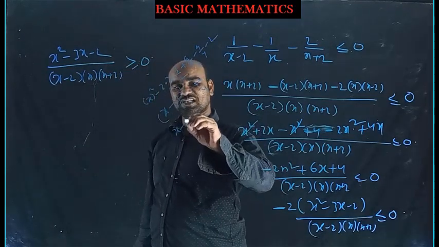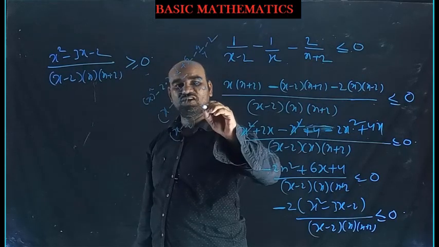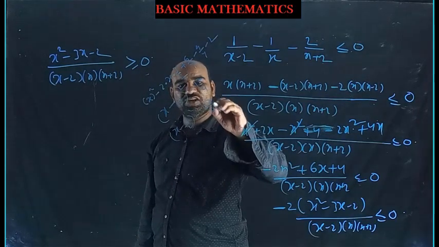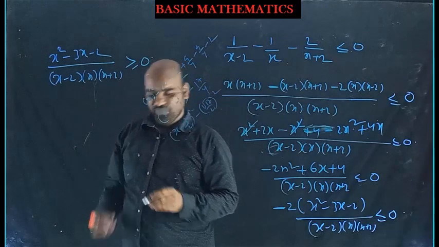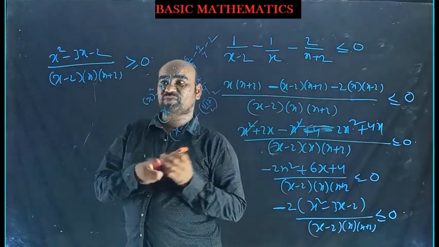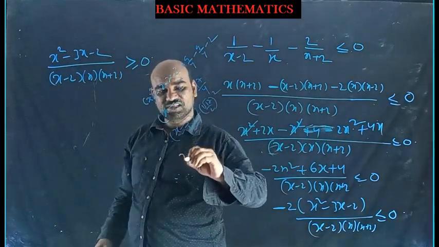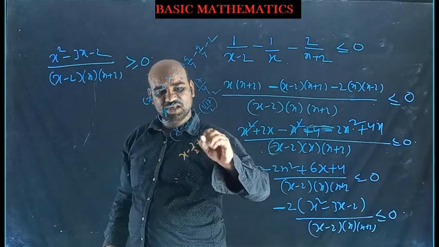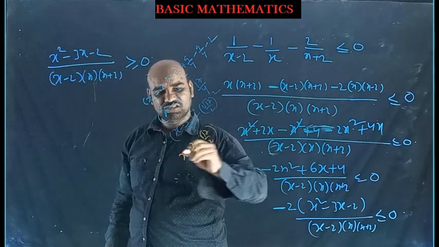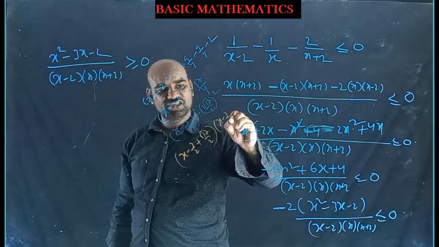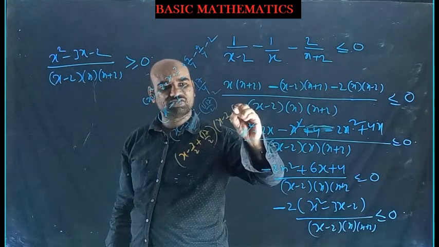This can be written as x minus 3 by 2 whole square minus root 17 by 2 whole square. So that is nothing but a square minus b square, a plus b into a minus b: x minus 3 by 2 plus root 17 by 2, into x minus 3 by 2 minus root 17 by 2.